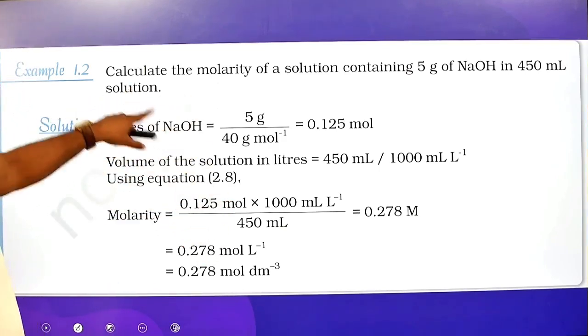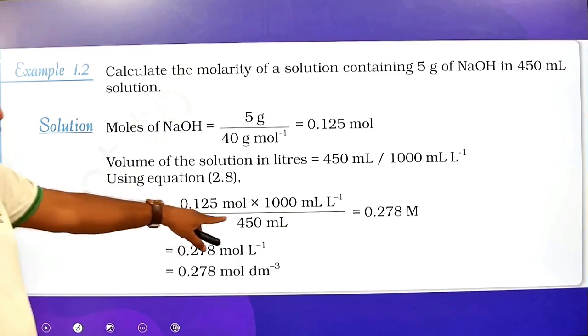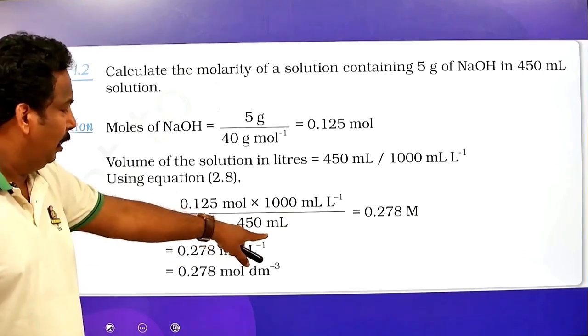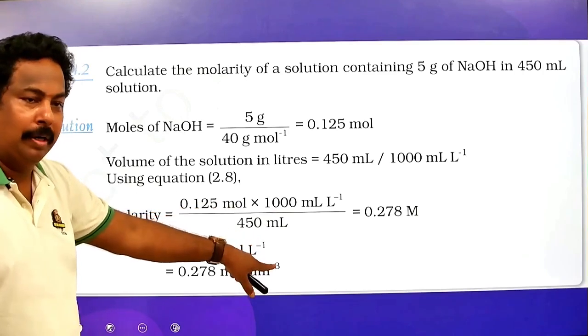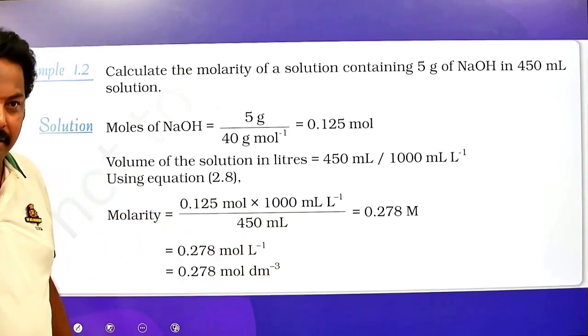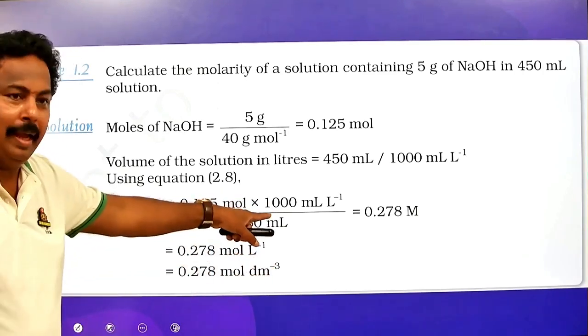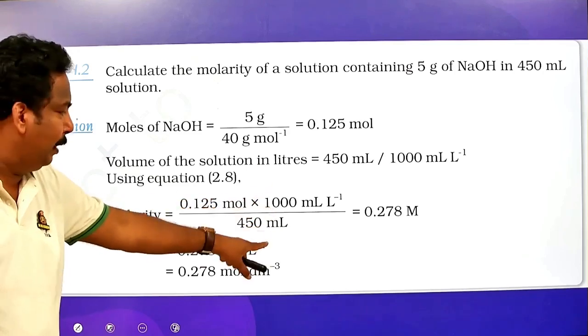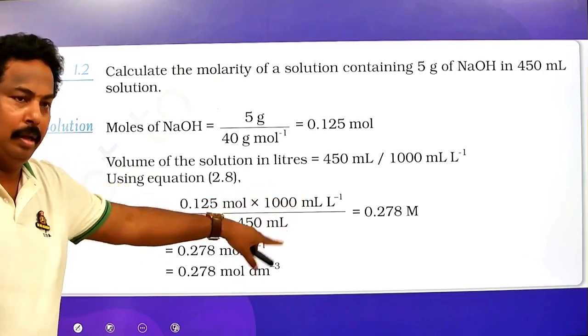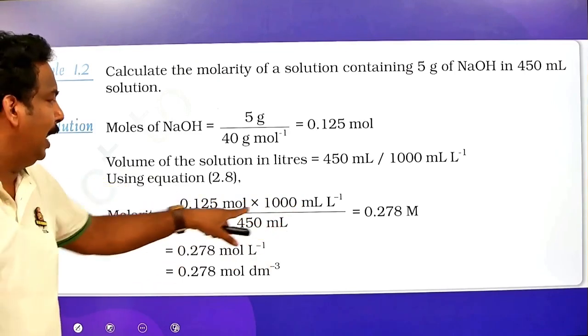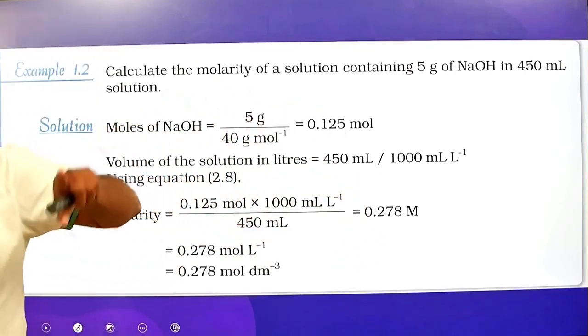What is that? Solution. 450 ml. If I have ml in the bottom, I have to convert into liters. So I multiply by 1000 and make both the ml equated, and finally I get the answer 0.278.